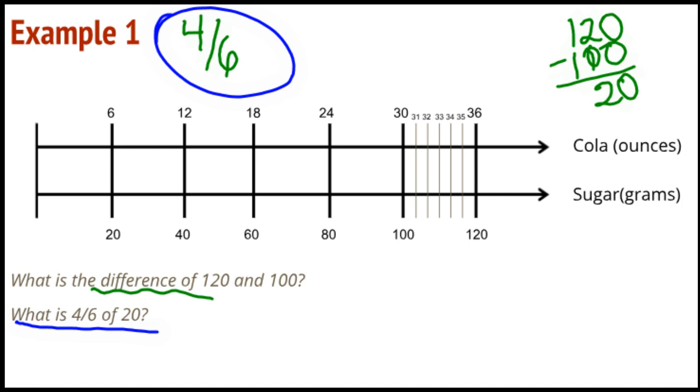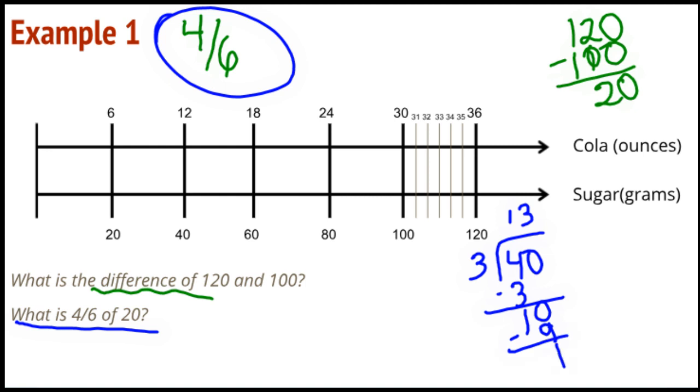So I'm going to take 40, and I'm going to divide it by 3. Do a little division here. And I'm not going to use a decimal. I'm just going to use a fraction. This remainder here tells me I have 1 part, and the 3 tells me there are 3 parts.